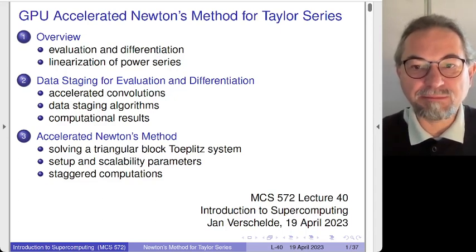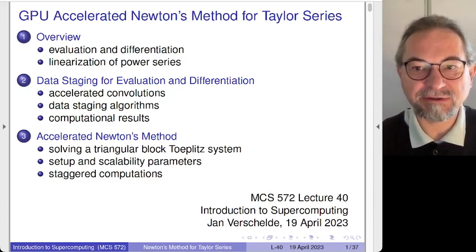So the building blocks that we are using are evaluation and differentiation. That's the first building block. And then there is the linear algebra. By the linearization, we get into a blocked Toeplitz system.